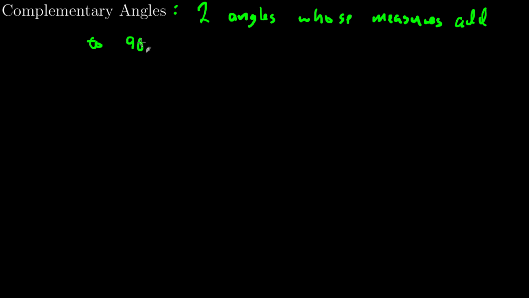The final rule is complementary angles, and this is two angles whose measures add to 90 degrees. So I could tell you angles are complementary, or I could give you something like this. If I give you some intersecting angles, now of course we have a linear pair right there.